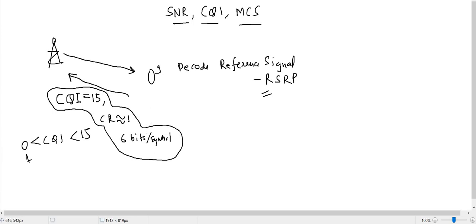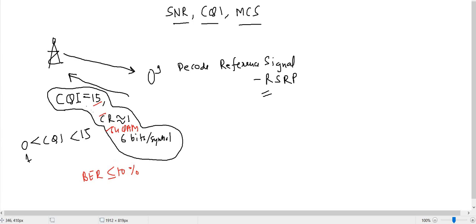And UE is saying to eNode B that if you provide me these things, code rate 1 and 64 QAM, let me write that as well: 64 QAM, that is with CQI 15, code rate 1, 64 QAM, the bit error rate, that we call BER, will be less than or equal to 10%, because in spec it is mentioned that your bit error rate should be less than or equal to 10%.